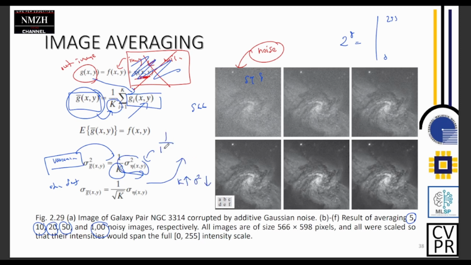If you take a look at 100 and 500, and this one is 20, and this one is 1. The more the variance gets smaller, the difference between the original image and the noise-added image is not too far, by the definition of variance.